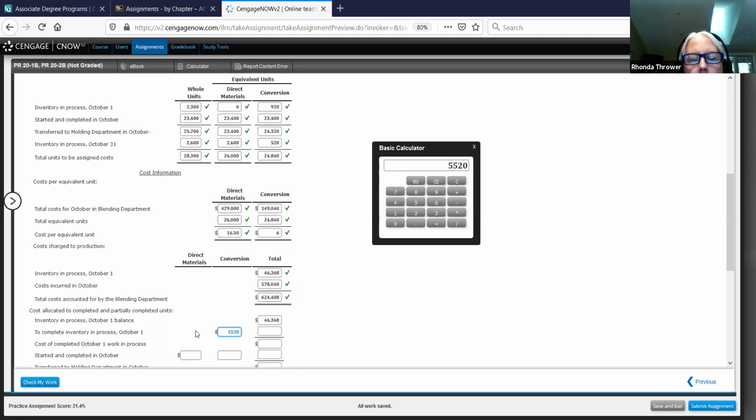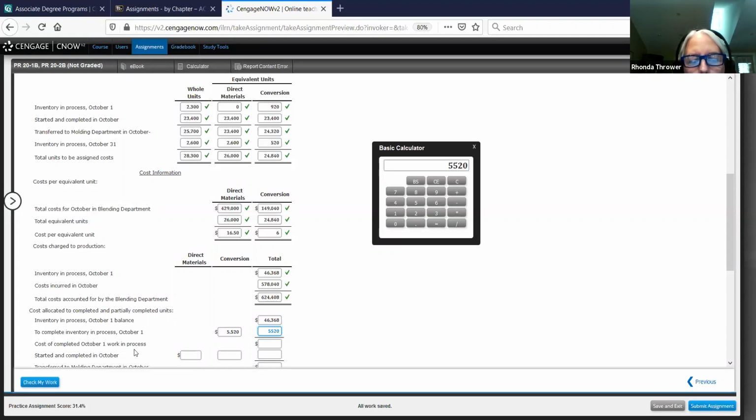Since we had added all of our materials previously, there was none that needed to be added during this period of time to finish our beginning inventory units. That's why there wasn't a blank here. All of our materials were already added last month. So the only thing we had to do to finish the beginning inventory units was to determine the cost of conversion that we needed to complete during this period of time, which is 5,520.